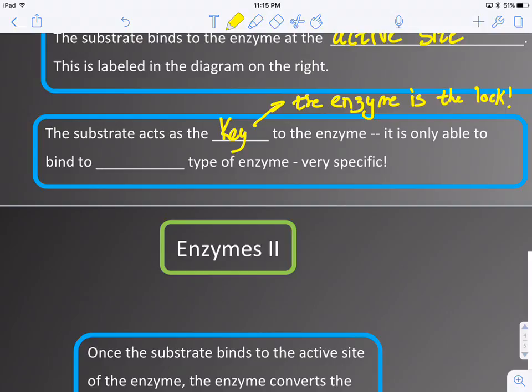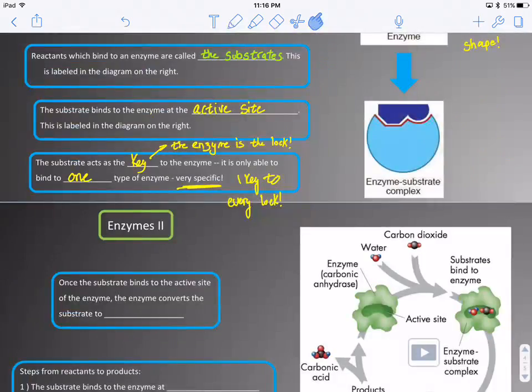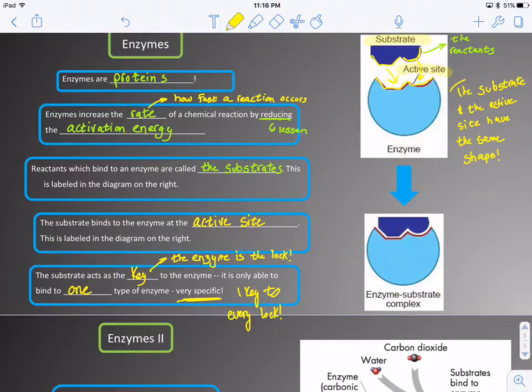And there's only one key to every lock. And that's something I really want you to think of, okay? It's only able to bind to one type of enzyme, and it's very specific. Again, there's only one key to every lock. And I think that's really important to remember. The substrate is very specific to one type of enzyme. And again, if you look way down here, you'll see how perfectly that substrate fits into the active site.